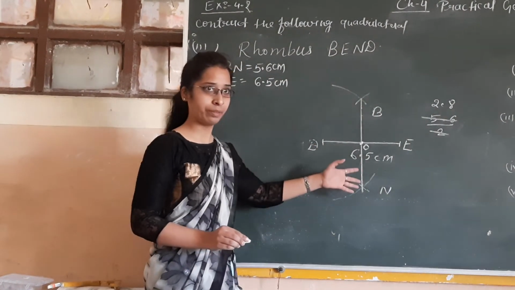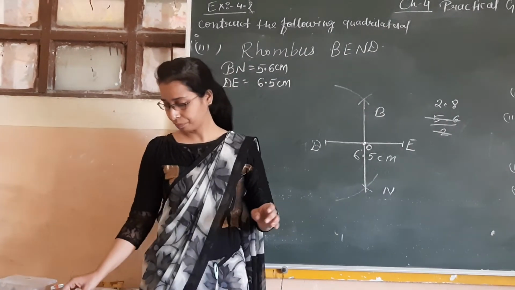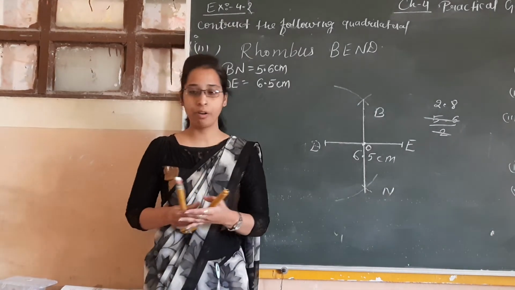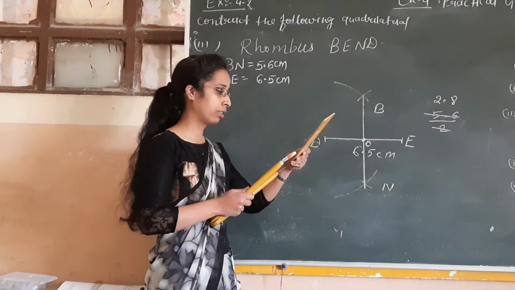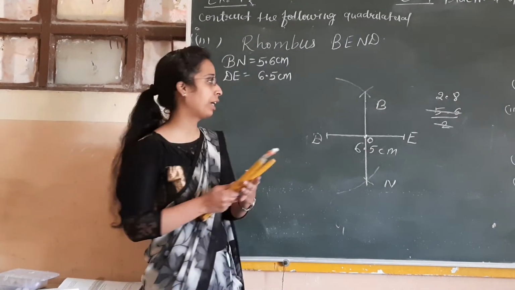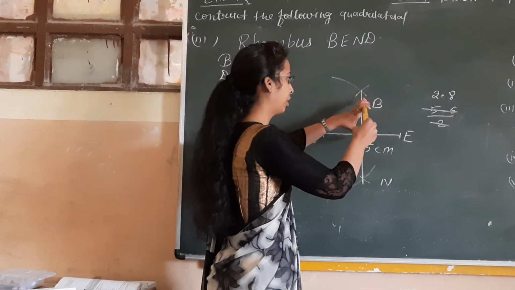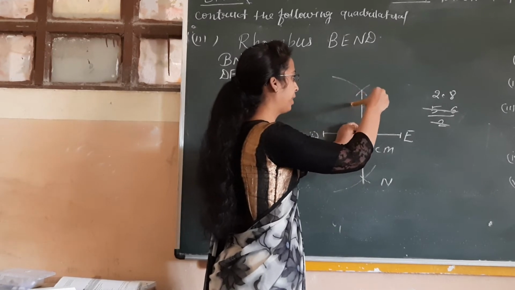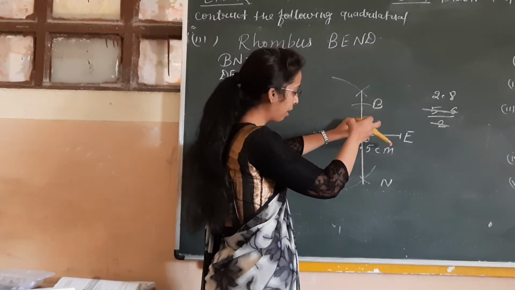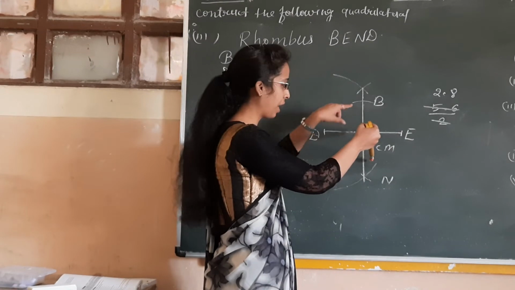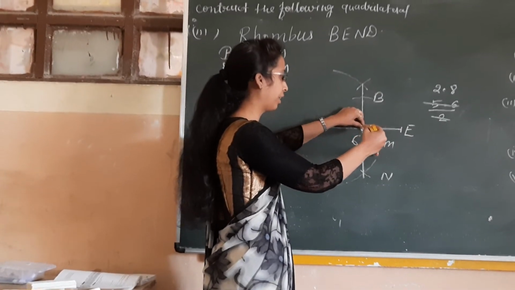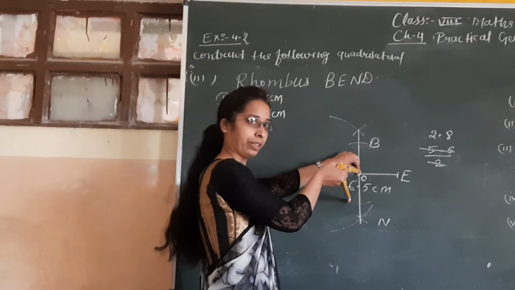Half of BN. Okay. Now take 2.8 on the compass. After that, taking O as a center, cut an arc of 2.8 centimeter radius, and also with this same radius, taking O as a center, cut an arc of 2.8.